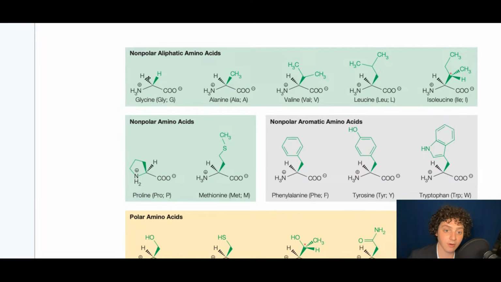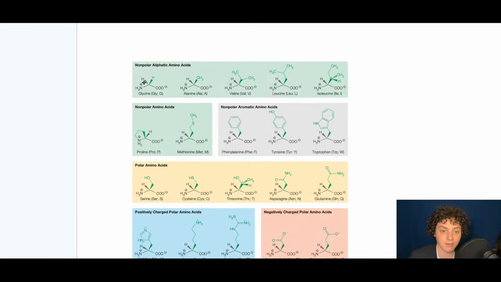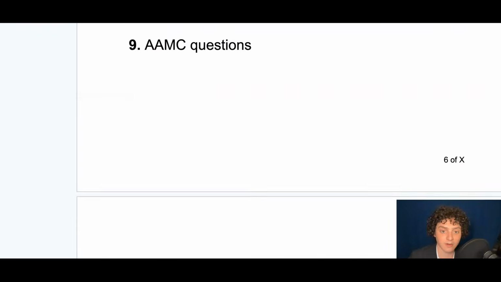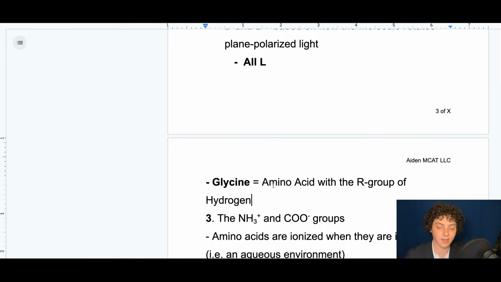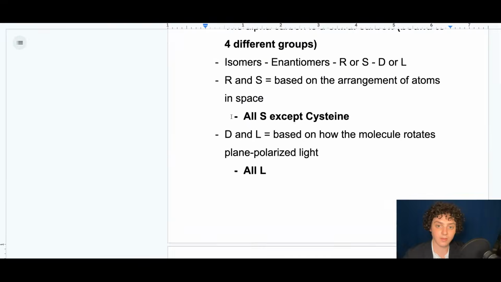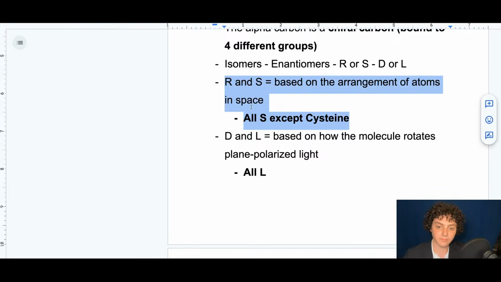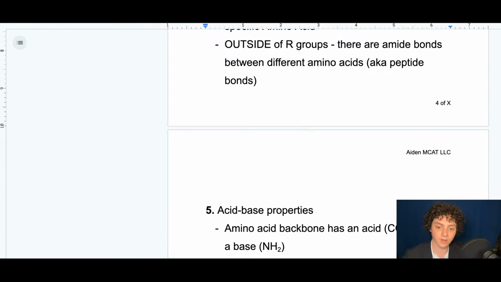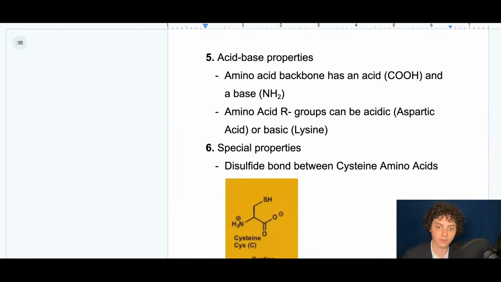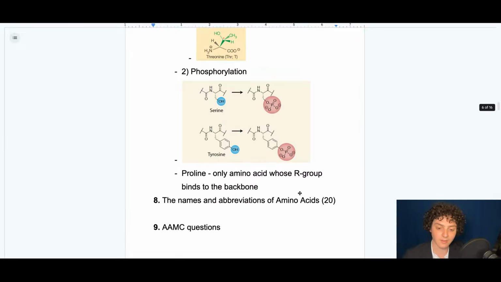You can see that the R group is a hydrogen. So is this carbon bound to 4 different chemical groups? No. Two of them are the same, two of them are hydrogens. That means that it is not a chiral carbon. So the very first amino acid that we're going to memorize, glycine, is the only amino acid that displays none of this R and S stuff. So not a chiral carbon. And so I'm going to also put that in the special properties of amino acids, glycine.